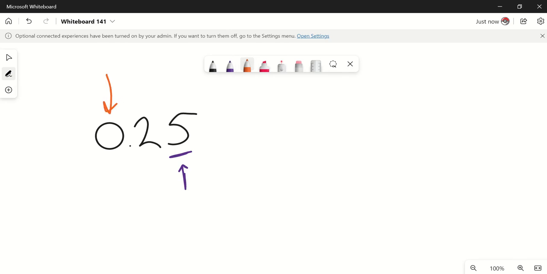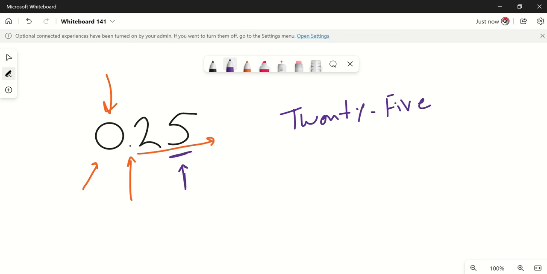Because this is a 0, we don't say 0 and something. If this were a whole number, I would say the whole number and then the decimal would be "and." I'd read this number from left to right, and then add the place value in it. Because this is a 0, we're going to ignore it. It's just going to be 25, and the last thing added to this is going to be the place value.